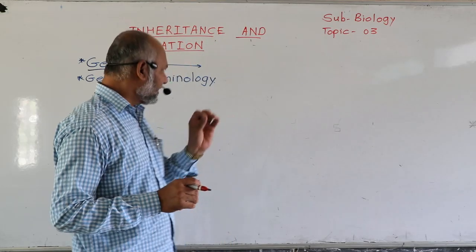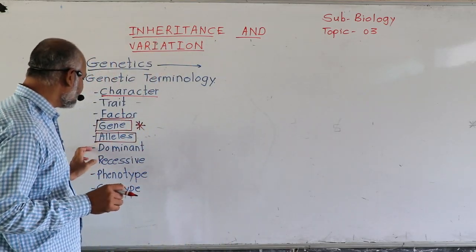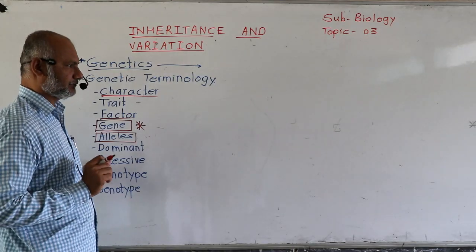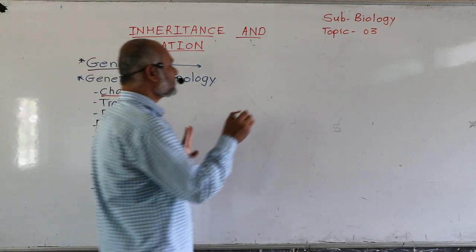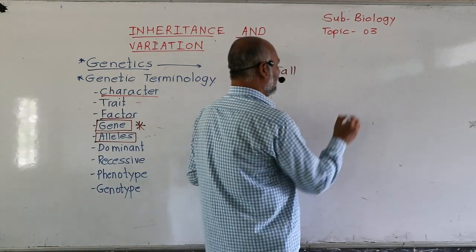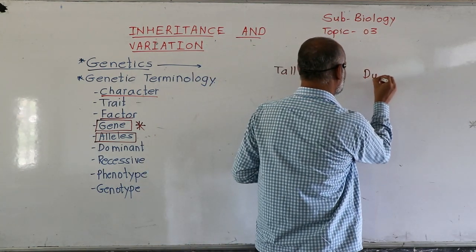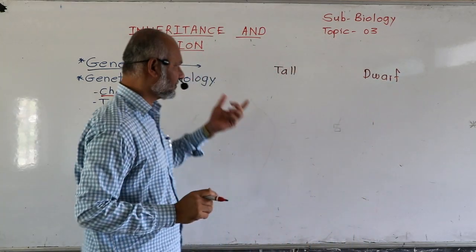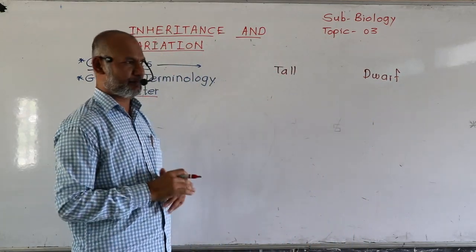But to understand what is dominant and what is recessive, we have to take one example. Suppose there are two plants, one tall and another dwarf. Two plants, tall plant and dwarf plant.